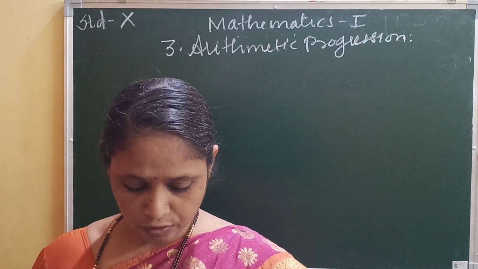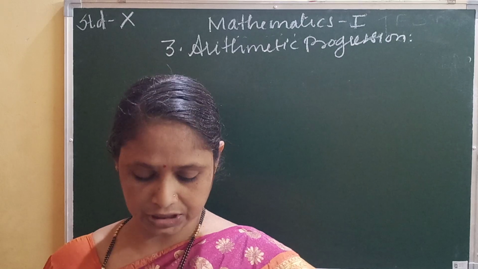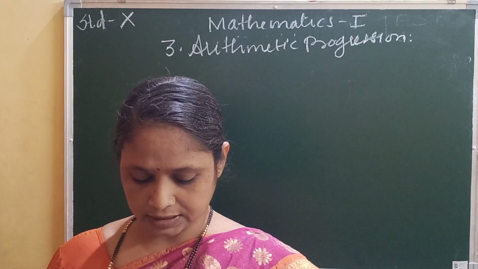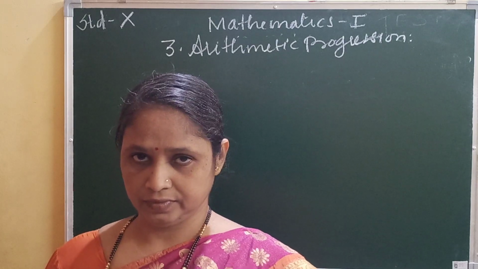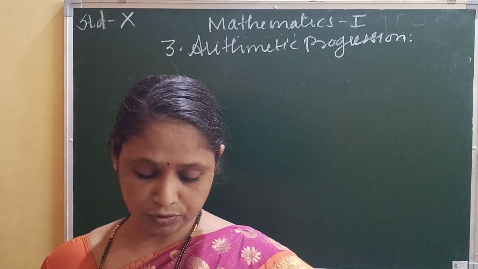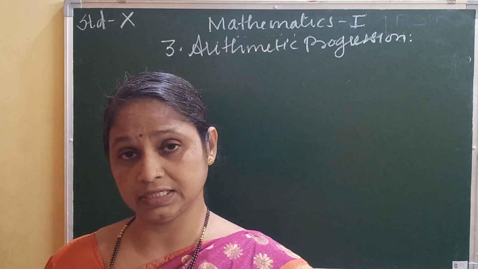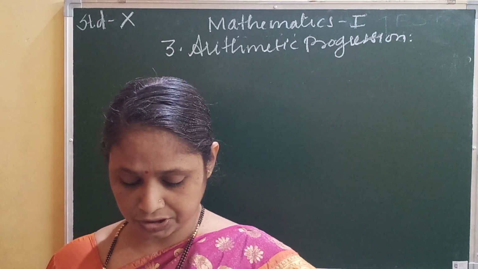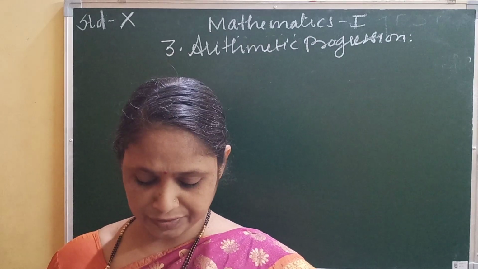Now see, on 1st January 2016, Sanika decides to save rupees 10. She decided that she will do some saving this year. So on 1st January she started, so that is 10 rupees she saved.